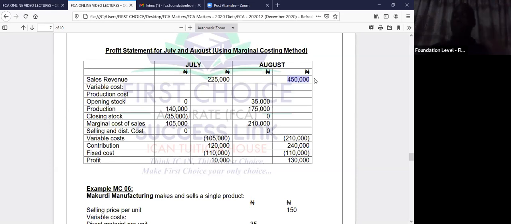We said opening stock. So this closing stock in July, which was valued at marginal cost, is now your opening stock in August. That's fine. Then you have your production. What happened to production?